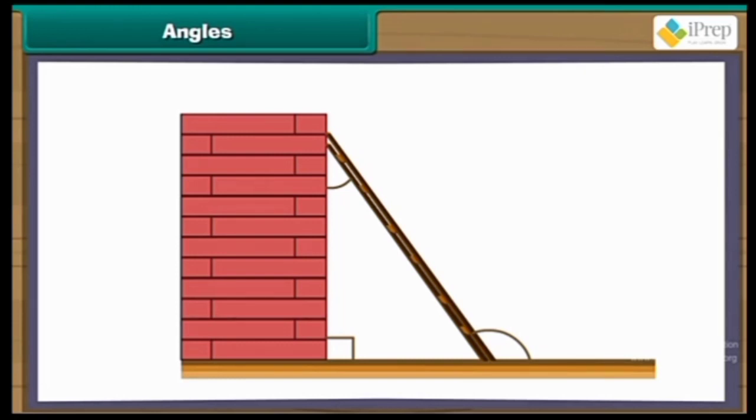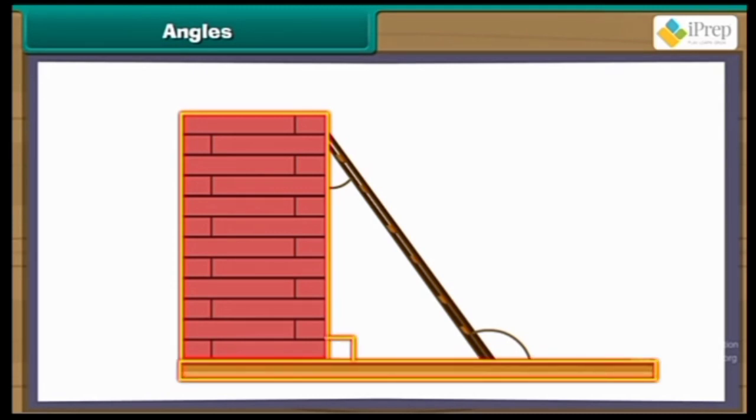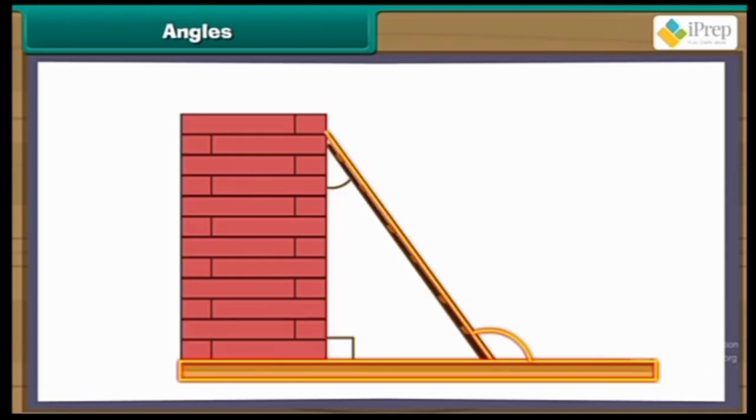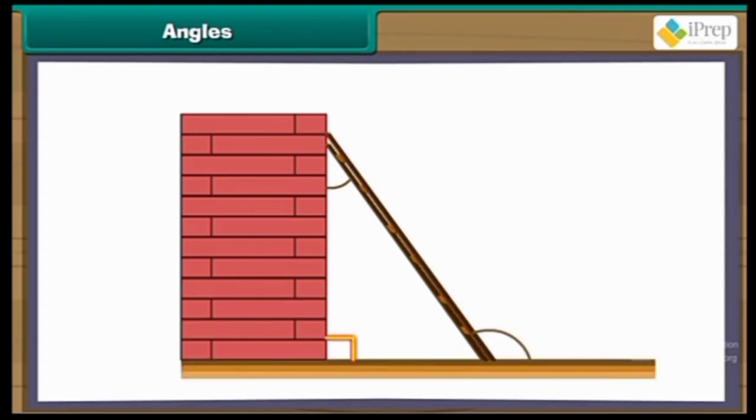Let us look at 3 angles. First, the angle which the wall makes with the ground. Second, the angle which the ladder makes with the wall. Third, the angle which the ladder makes with the ground. Let us begin with the angle that the wall makes with the ground.